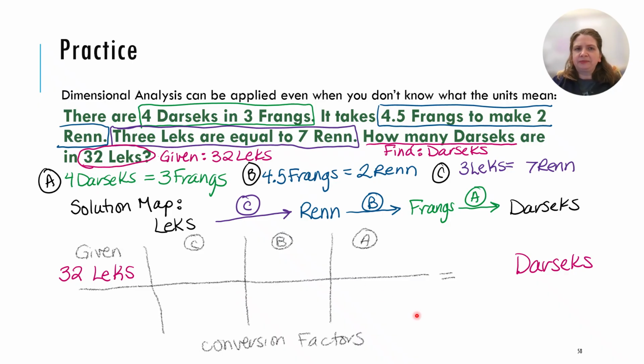I know that the final unit I want is darsecs, so I know it must be the last unit in the numerator. I have a conversion factor that relates darsecs to francs. If francs is in the denominator here, it must be in the numerator of the adjacent conversion factor. I have another conversion factor that relates francs to ren.